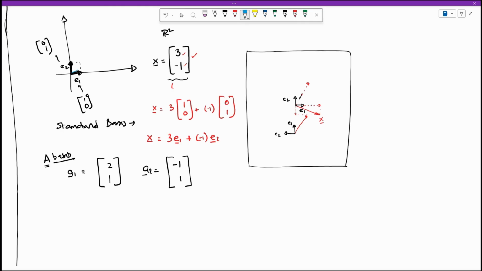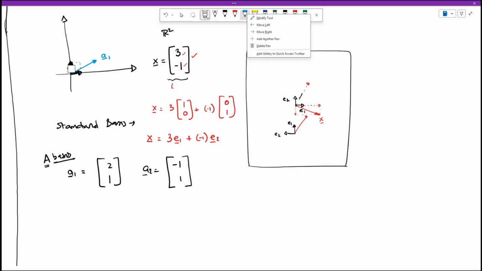Where would they be? One would be like this, A1, and this will be A2. You got it?